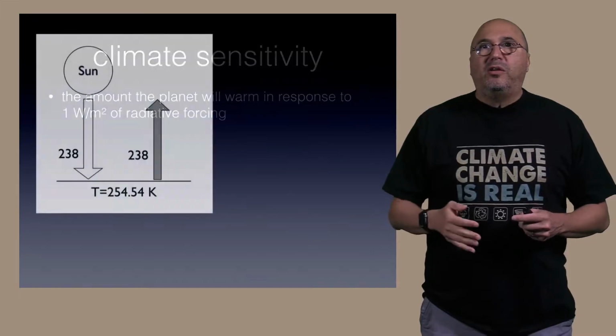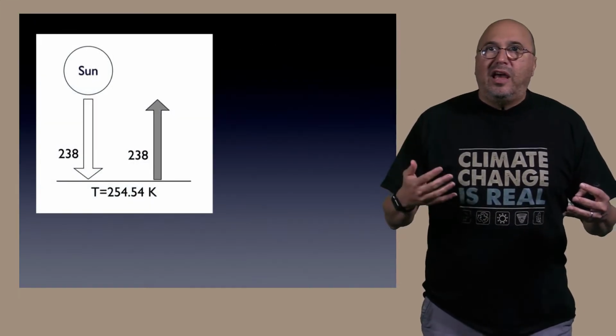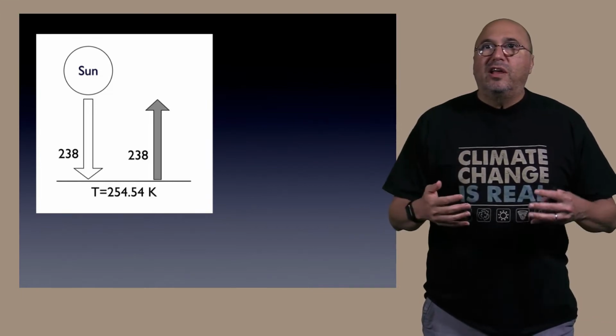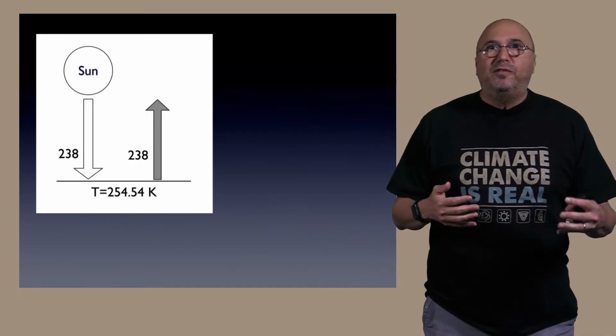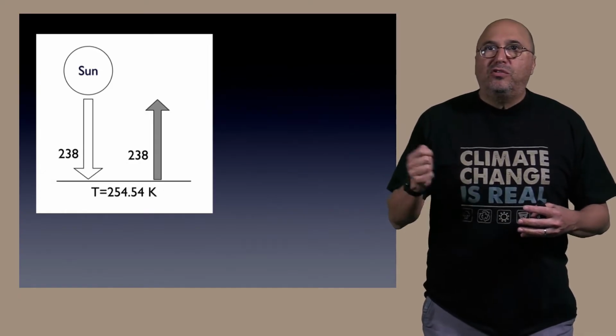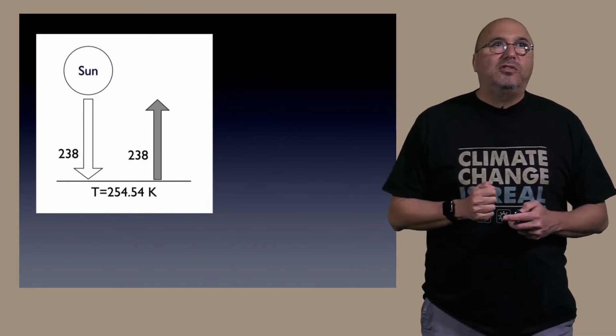We have worked this out previously, and we know that energy in and energy out are both 238 watts per square meter, which tells us that the surface temperature is 254.54 Kelvin. In the past, we just rounded this to 255 Kelvin, but we need more digits of precision here.